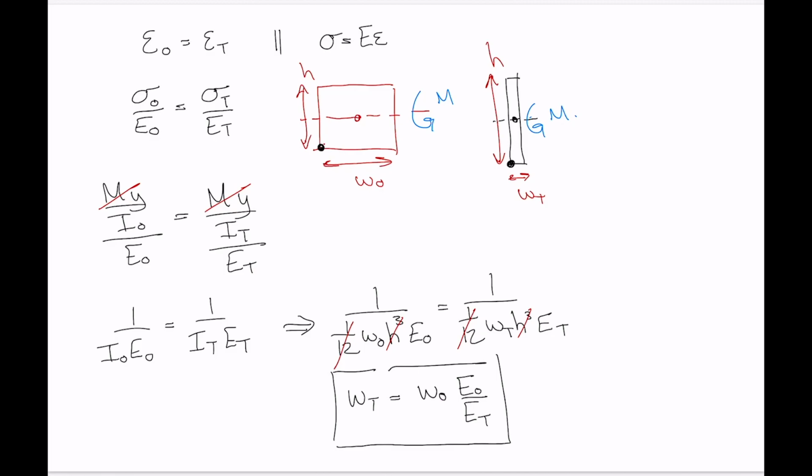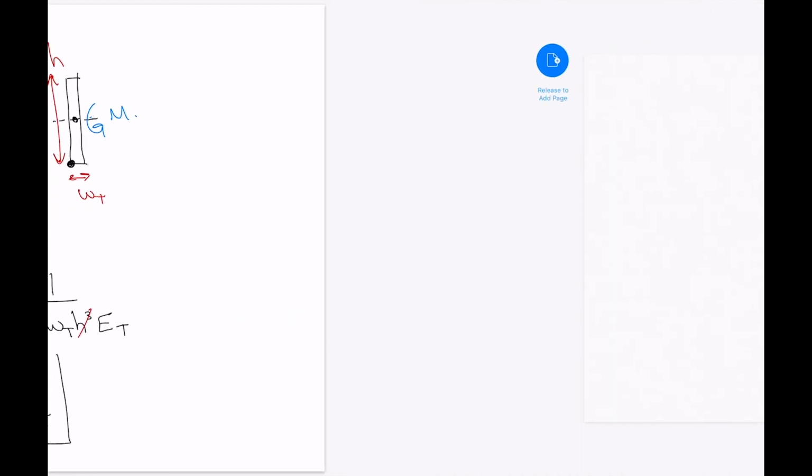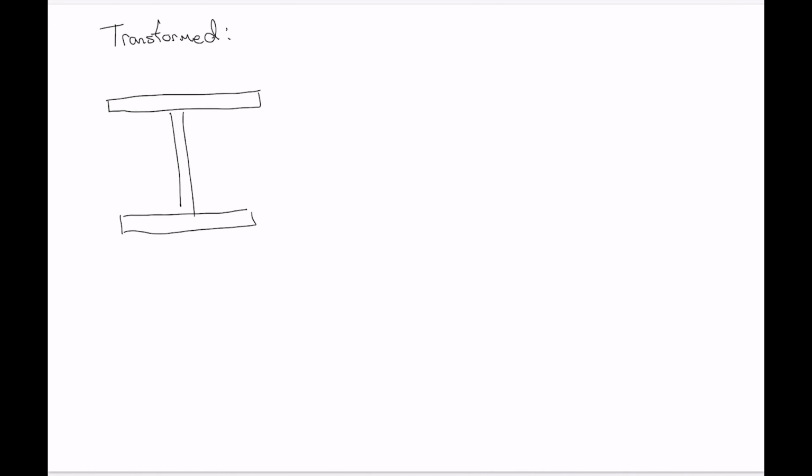But when we go to calculate stresses in our transformed beam, we have to consider the part of the beam that wasn't transformed. For our transformed beam, we have a picture in our example that looks like an I-beam, where the center portion is the transformed material.